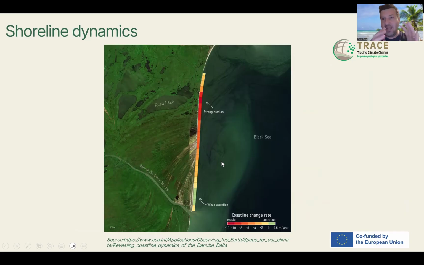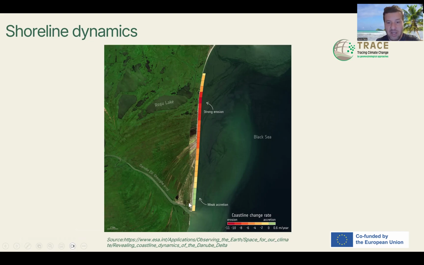And this is a synthetic image of what is happening in this area north of the Sfântu Gheorghe arm of the Danube, and this was published on the European Space Agency website. And we can see how the dynamics affects the coast alongshore.